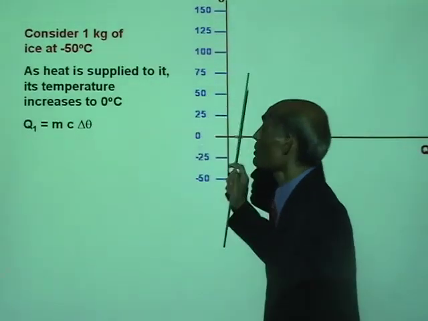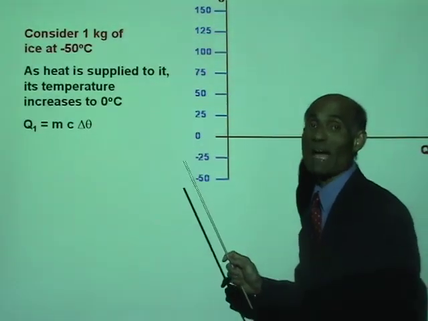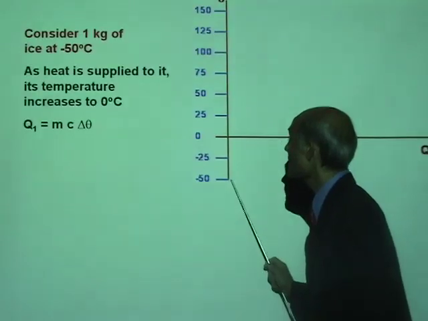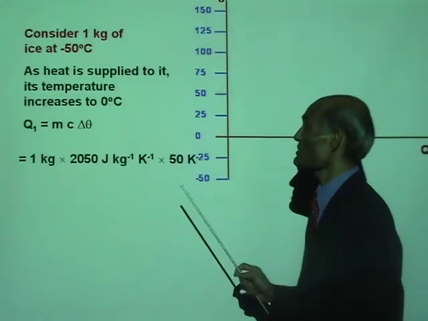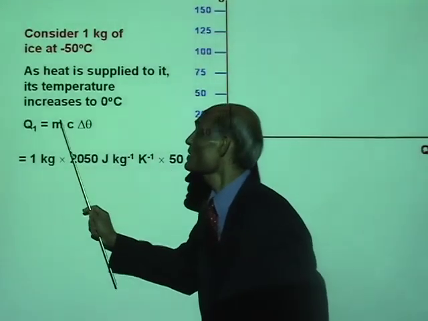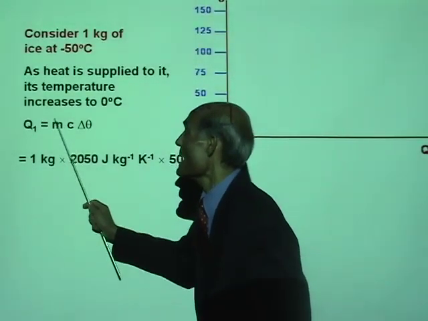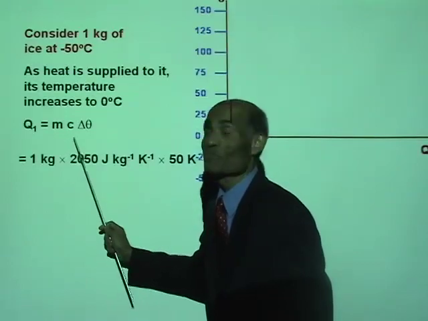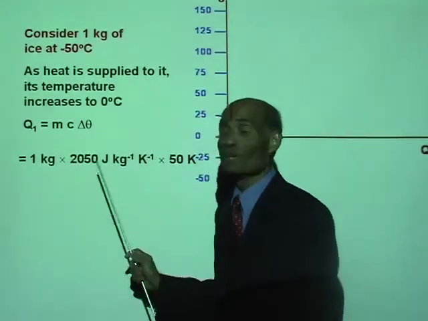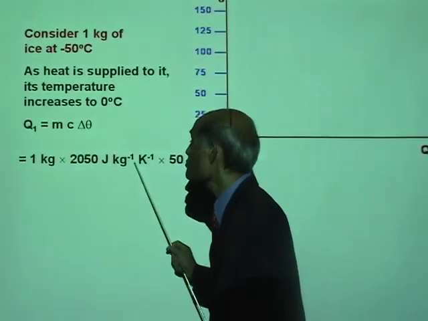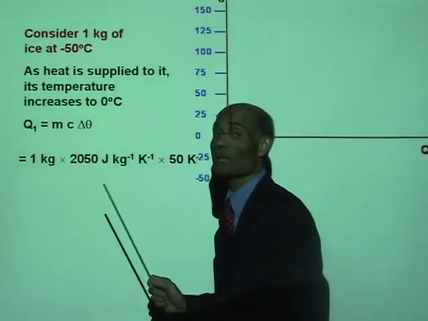All right, I'm going to put all these things on a graph. We are starting here, ice at negative 50 degrees Celsius. Now, let's give the values. The mass is 1 kilogram. If you remember the specific heat of ice, I gave it to you in a table, 2050 joules per kilogram per Kelvin.